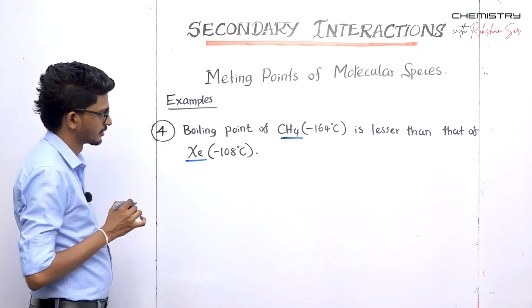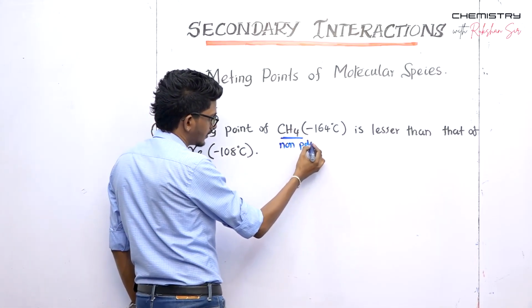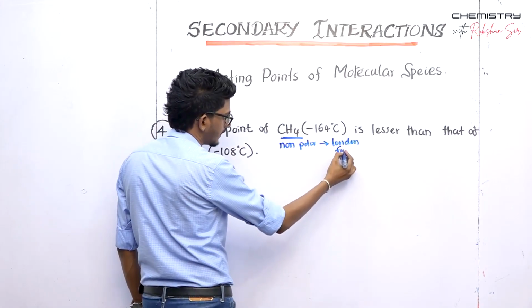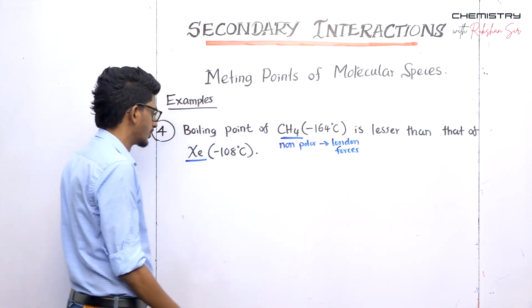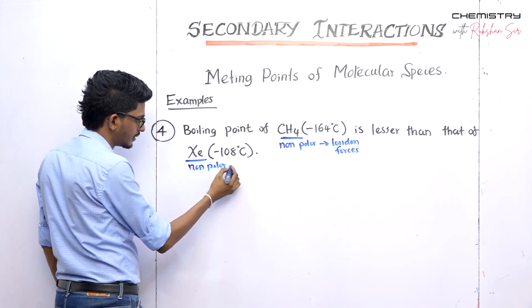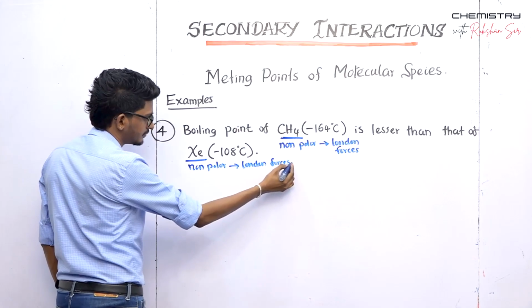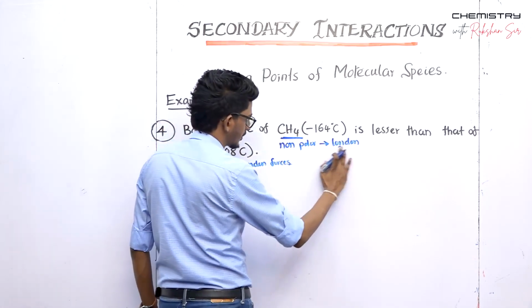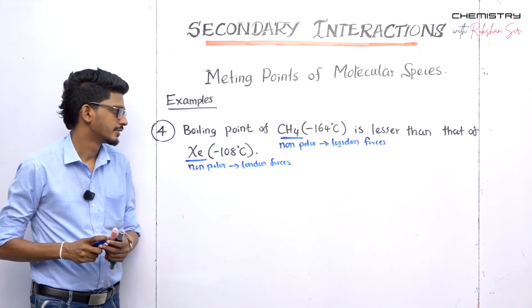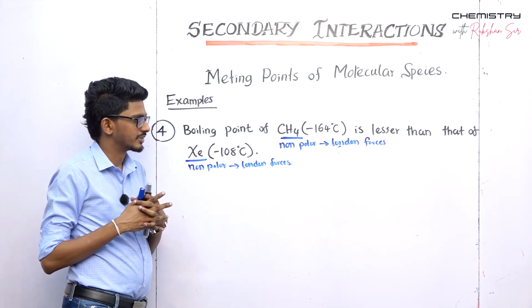If you think of the secondary interactions, both are non-polar, so London forces appear among CH4 molecules. Xenon is also non-polar, so London forces appear among xenon molecules. So the secondary interaction kind is the same.